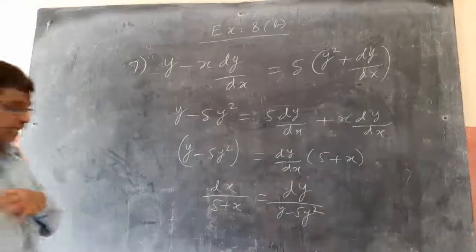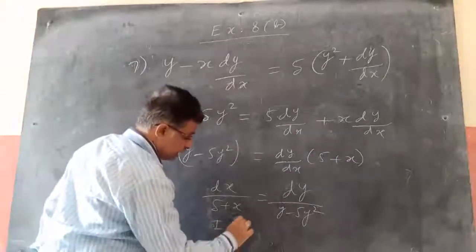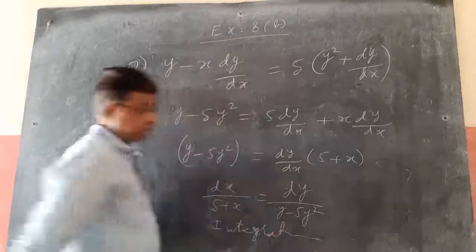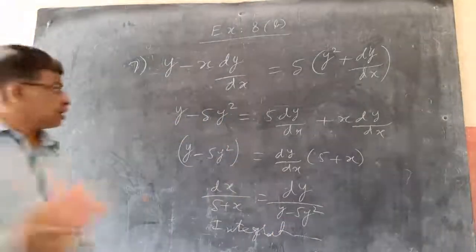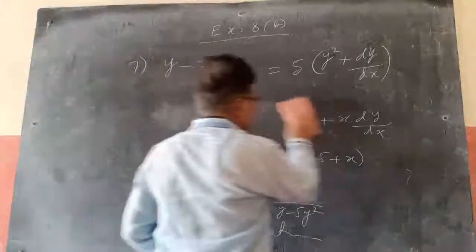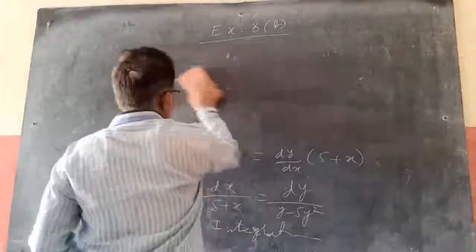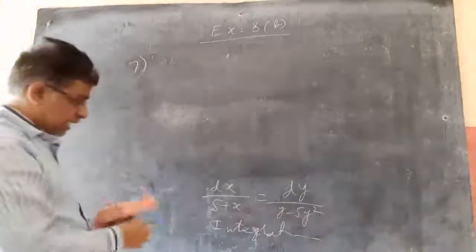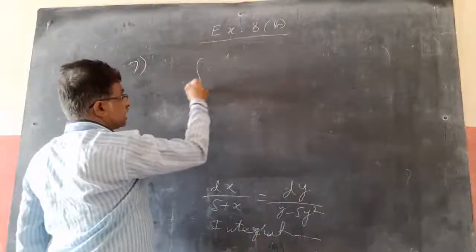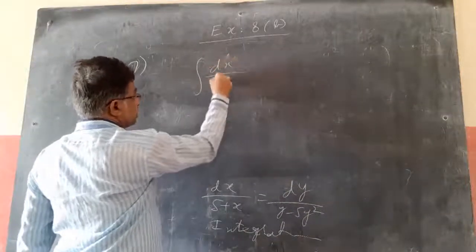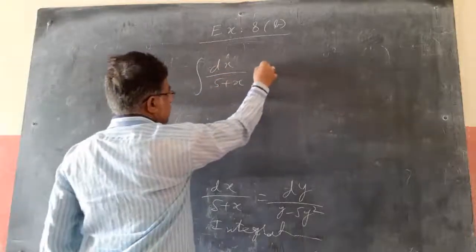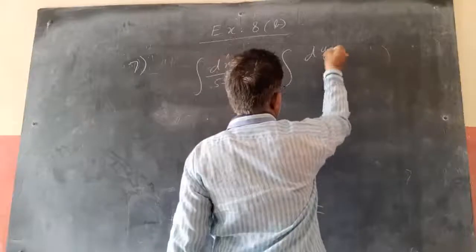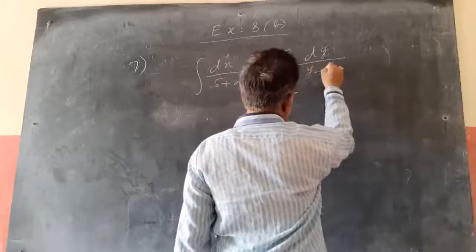Now integrating on both sides. So how do we integrate? You need to know integration, then only you can do it. Otherwise, leave this chapter. So by integrating, what do I get? Integral of dx by 5 plus x equal to integral of dy by y minus 5y square.